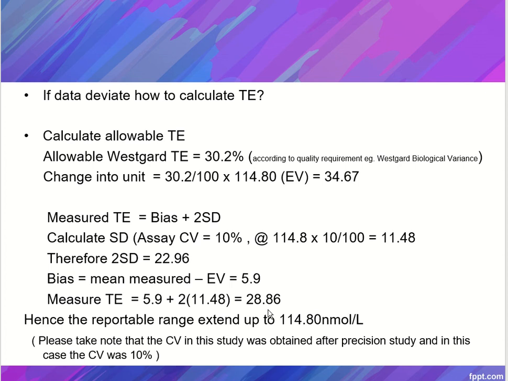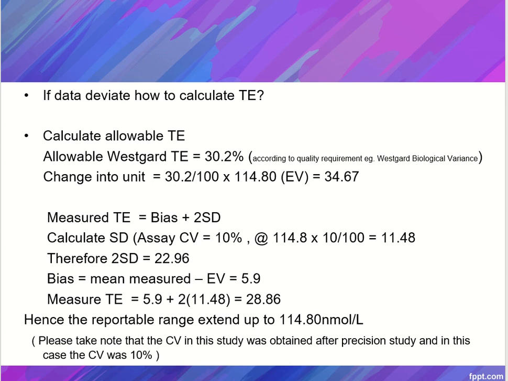So this 28.86 is less than the allowable total error, which is 34.67. Hence, the reportable range can extend up to the manufacturer claim, which is 114.80 nanomole per liter. So please take note that the CV in this study was obtained after precision study, and in this case the CV was 10%.